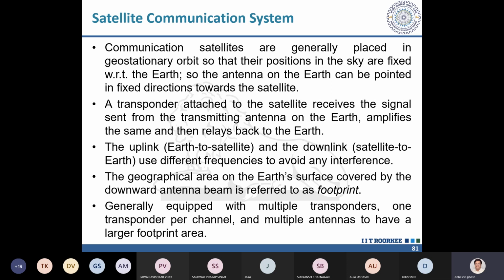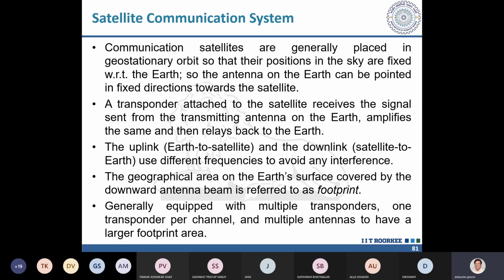At your home, when you are fixing the dish antenna on top of your roof, you fix it and see in which direction it should be pointed. You know that all the dish antennas in India are pointed somewhat towards the southeast. You know why?